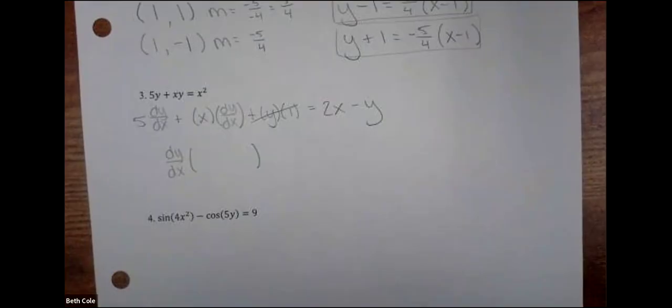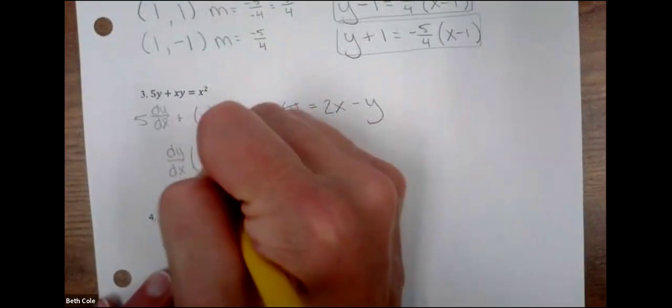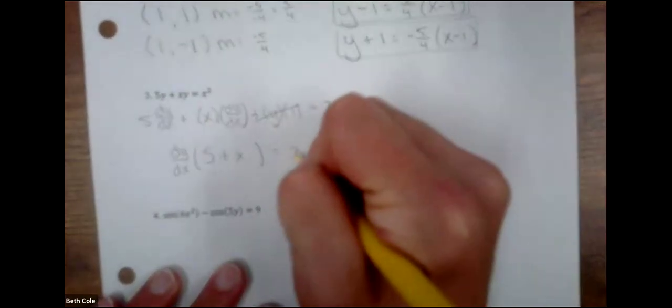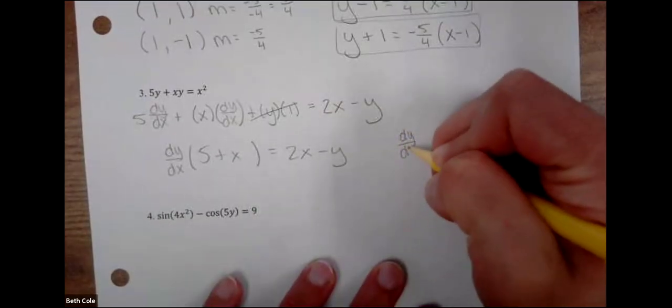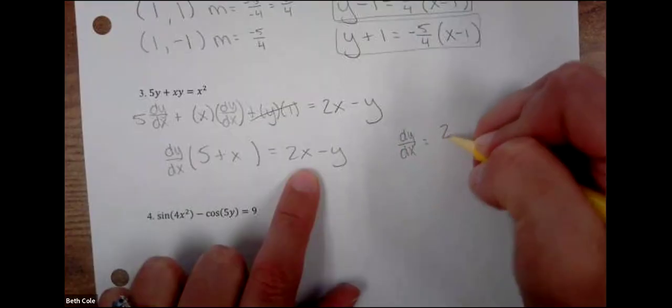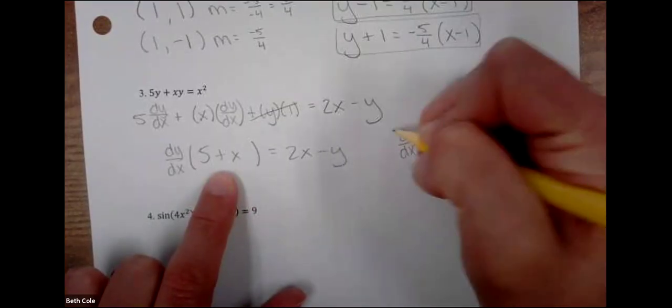It's a GCF. So if you factor that out or undistribute, you'd be left with 5 plus x, good, equals the rest of this. Perfect, and then you would divide. See, and a lot of you are saying it faster than I can even write it. So your final answer will be 2x minus y over 5 plus x.